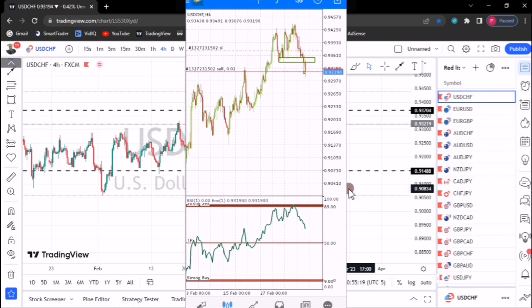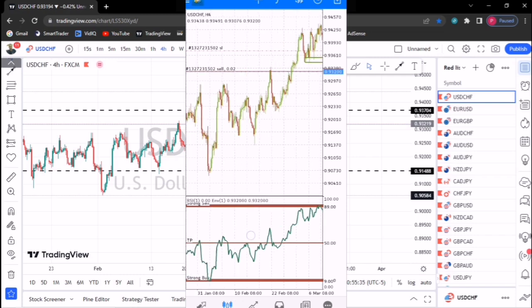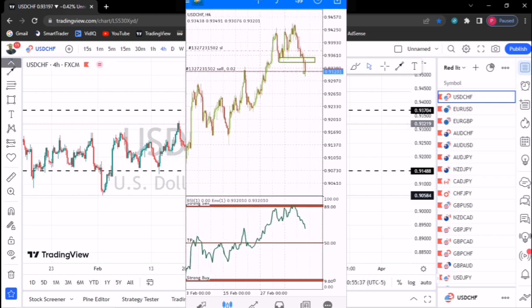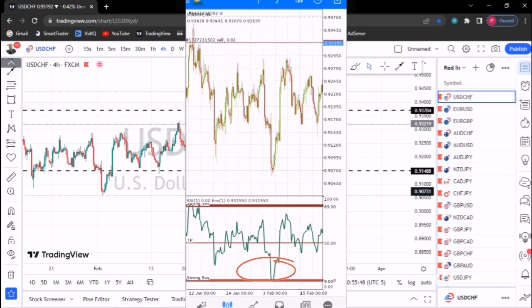For today, I just want to show you how to fine-tune this strategy so that it works for you. Remember, this was a mobile strategy, but then we moved to TradingView. On the mobile, we have the added advantage of using the RSI, the relative strength index, whereby we first wait for price to touch the 90 line level and then we take a sell, or we wait for price to touch the 10 line level and then we take a buy.